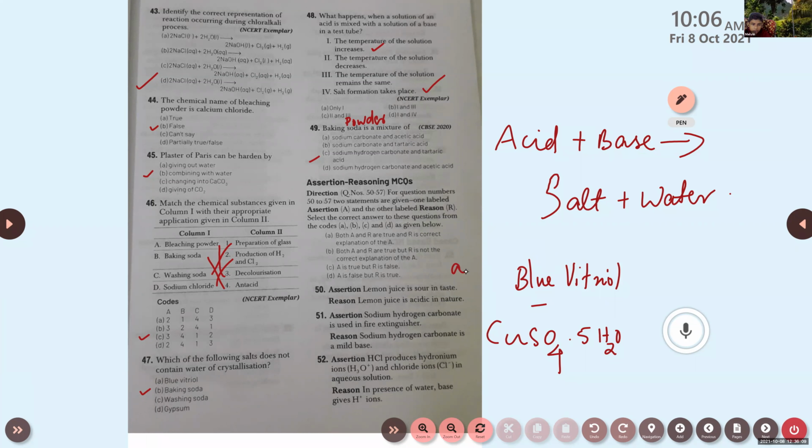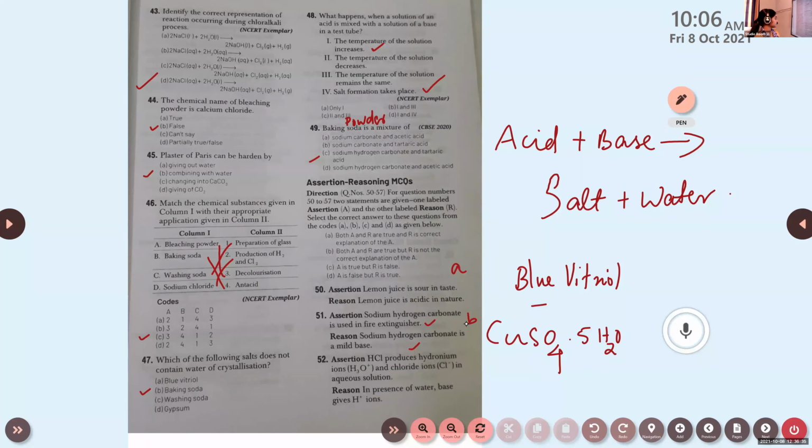Assertion is true. The reason is also true, but the reason is not the correct explanation for the assertion. Clear? Sodium hydrogen carbonate is a mild base. Mild base means weak base. Both statements are correct, but the reason is not the correct explanation for the assertion. That's why it is option B.